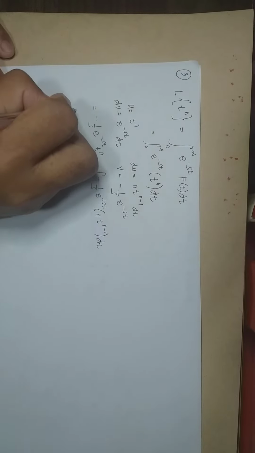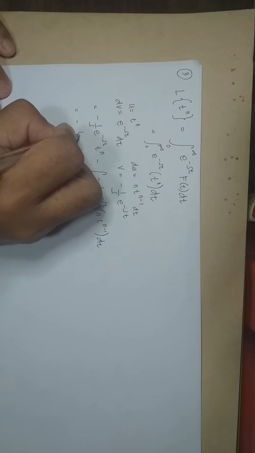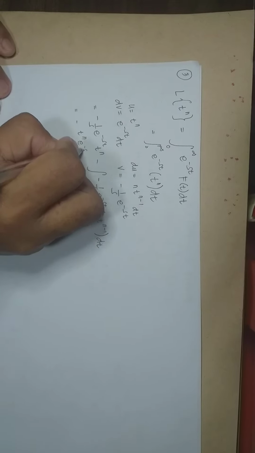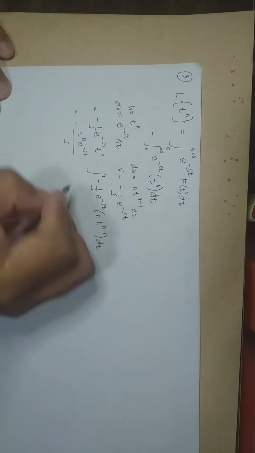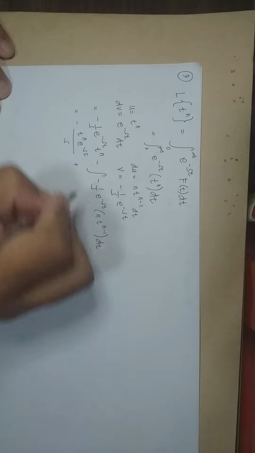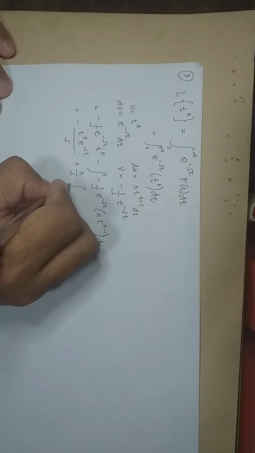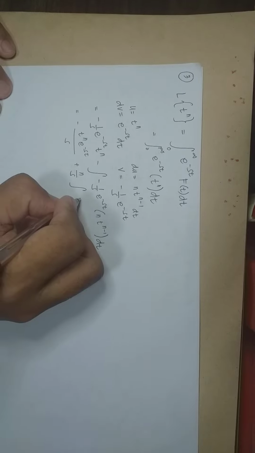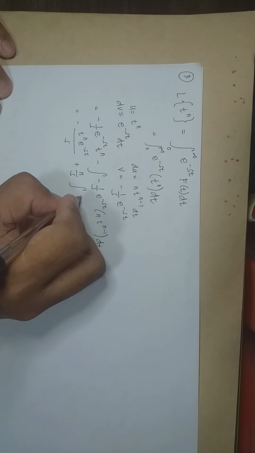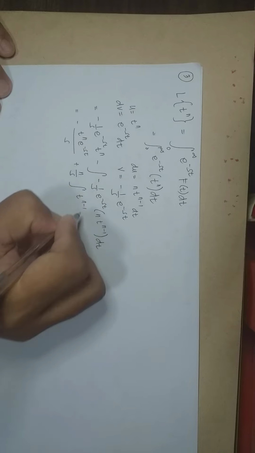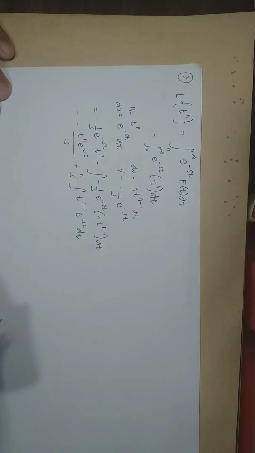Or we may have this as negative t raised to n e to the negative st all over s plus n over s, the integral of t raised to n minus 1 e to the negative st dt.